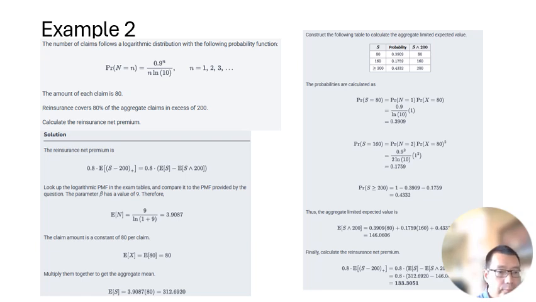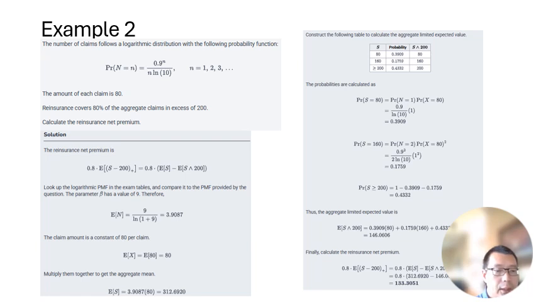Look at the logarithmic PMF in the exam table and compare it to the PMF provided by the question: the parameter beta has a value of 9. Therefore, the expected value of M can be calculated to be 9 over log(1 plus 9), which is equal to 3.9087.